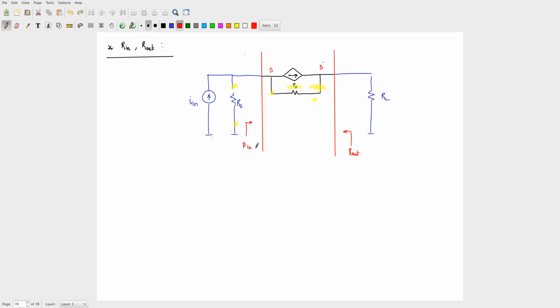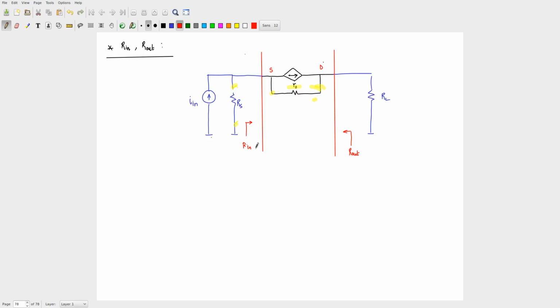Okay. Now, quickly to calculate R in, what will you do? Okay, let us, how do you calculate R in? So, when you are looking at R in, what do you do to RL? Okay, in principle you have to account for RL also, but let us not worry too much. Okay, you calculate it with RL. I will give you the answer without RL.